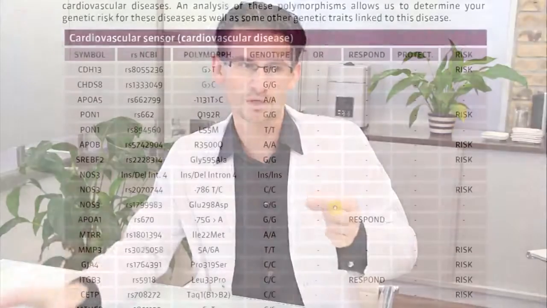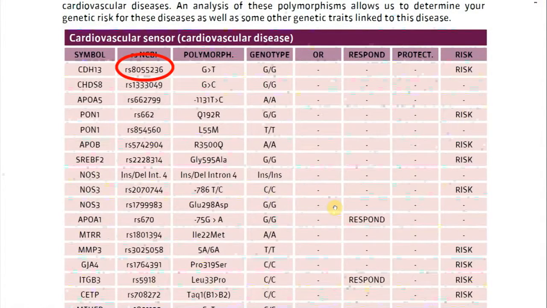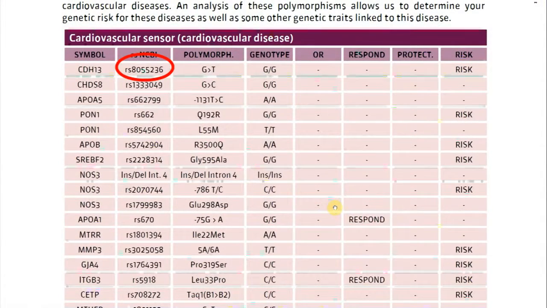So some people have an A, some people have a G here. And we know that if there's an A here, the gene might be disrupted, not work correctly, and this increases your risk of disease. And if there's a G, the gene works correctly. So that's why we look at this genetic variation, and this variation has a unique identifying number, and that's this one here. This is scientific jargon, what kind of modification from a G to a T and so on.